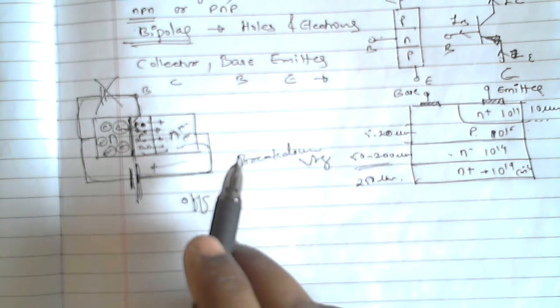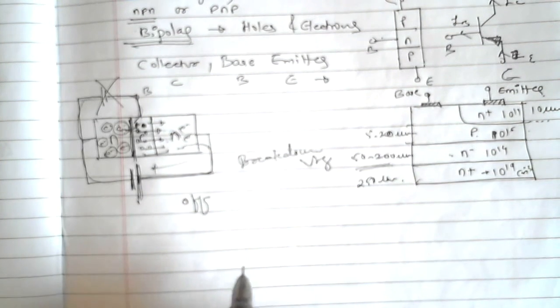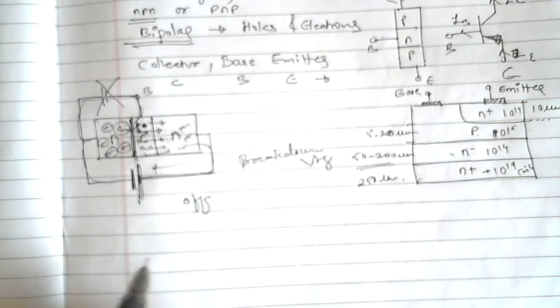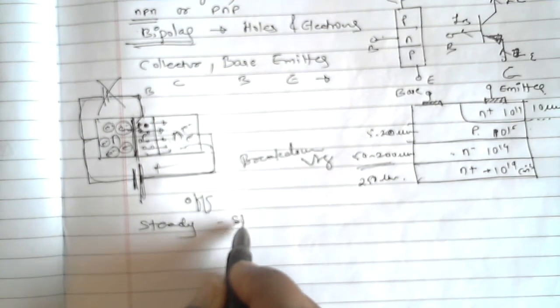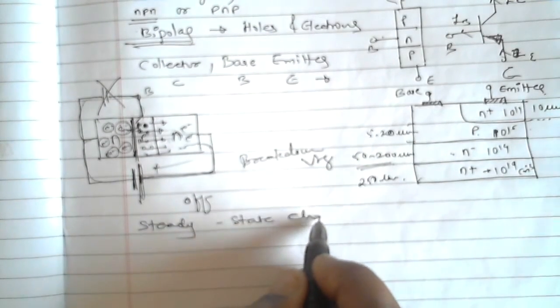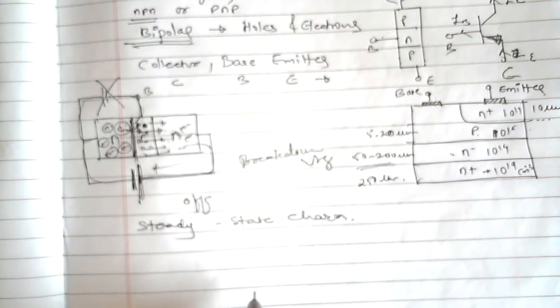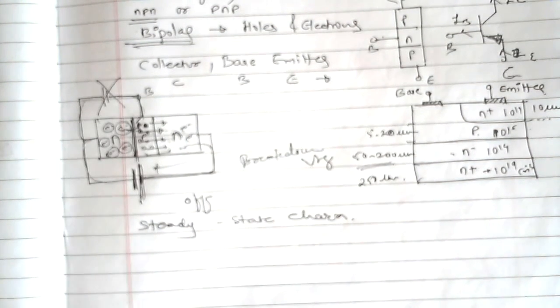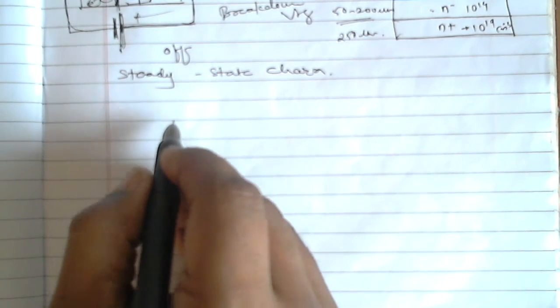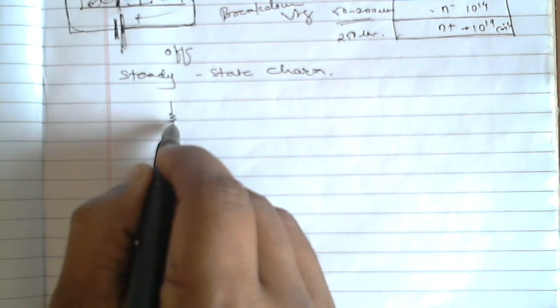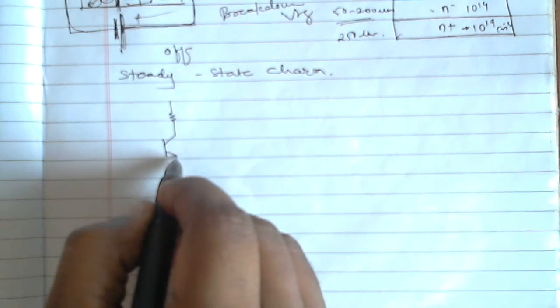Simple characteristics, or IV characteristics, which we call steady state characteristics. So the complete circuit of the transistor is shown like this. See, for the collector there is one resistance, then this is a transistor.